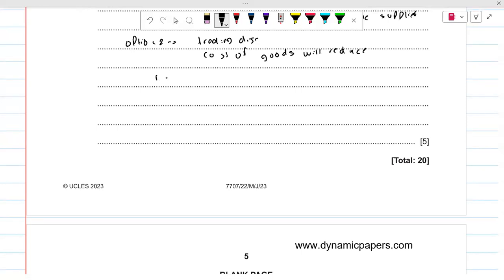And if we talk about the disadvantage, the disadvantage is that Alexander is offering a cash discount, but Tahir is not.